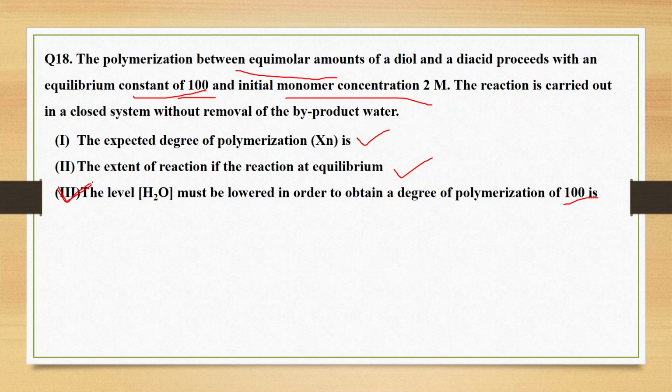Be very careful about the third one, because it states that H2O must be lowered, which means you are taking water out of the system. So the system no longer remains a closed system; it becomes an open system. You have to go back to those slides where Sir has discussed the open system. Only then will you be able to calculate the concentration of water.